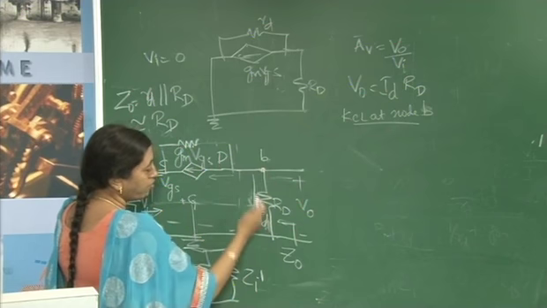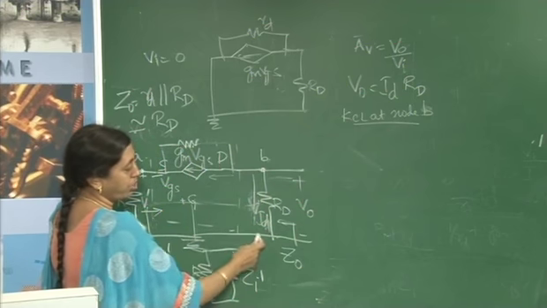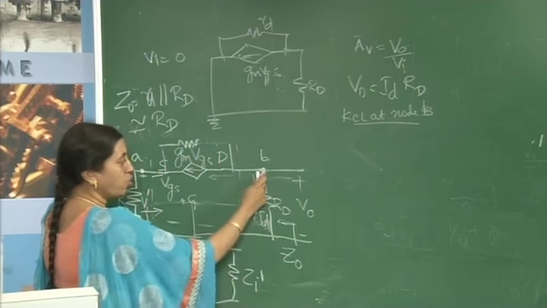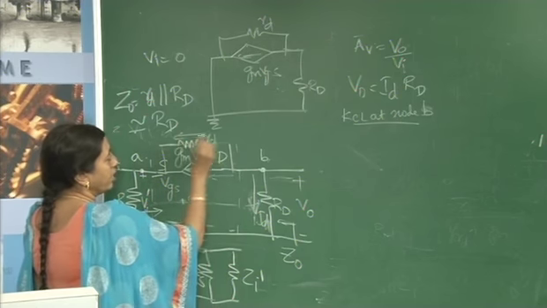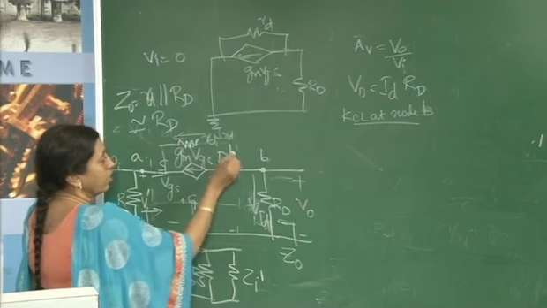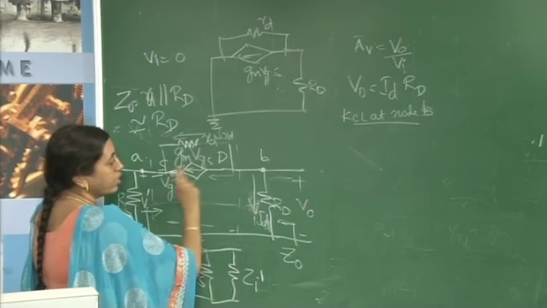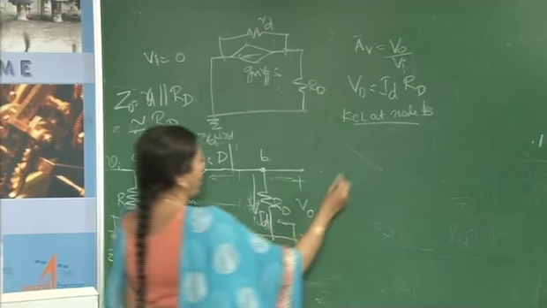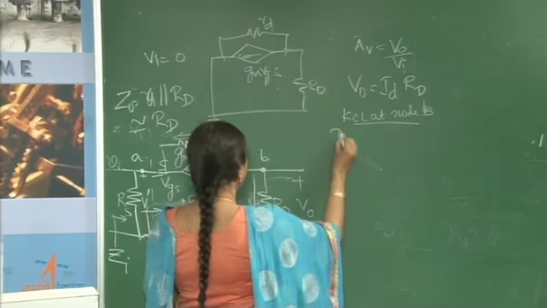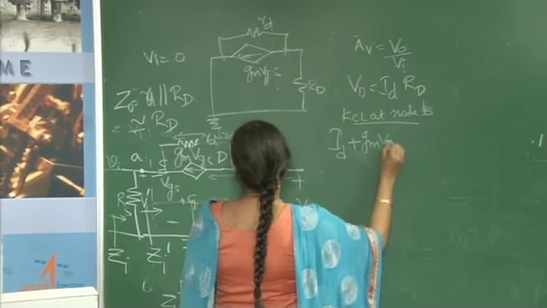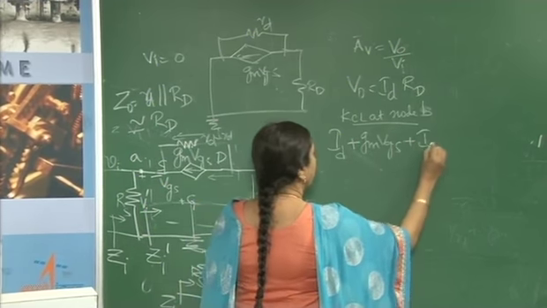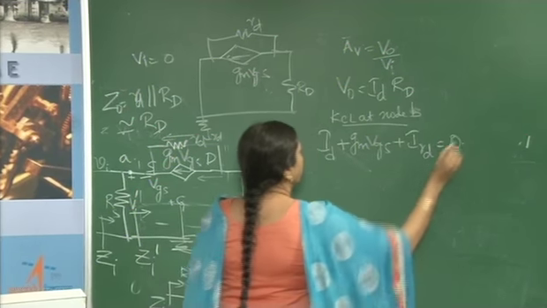So, obviously current will flow from the higher potential to lower potential. So, it is leaving the node B, even gm VGS is leaving the node B, even Ird is leaving the node B. So, all these three currents will be added. The sum of all these three currents should be equal to 0. ID plus gm VGS plus Ird is equal to 0.